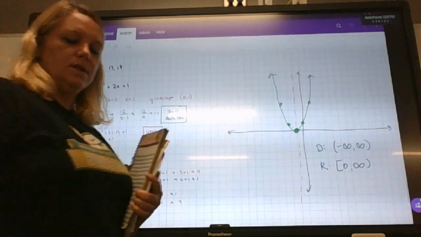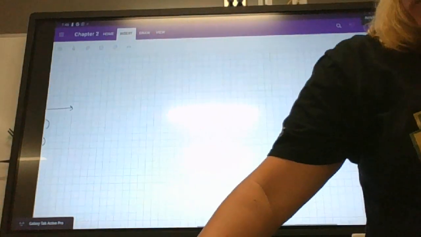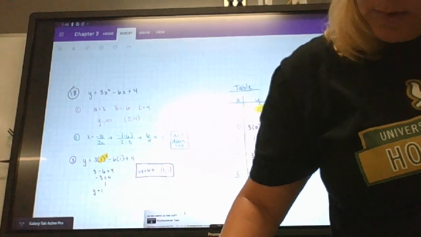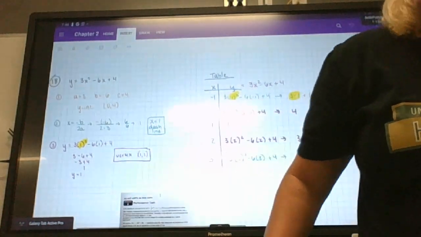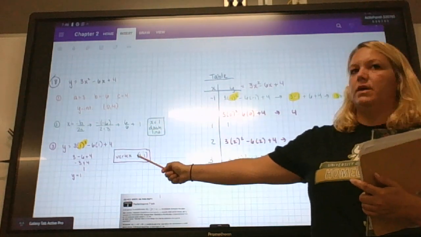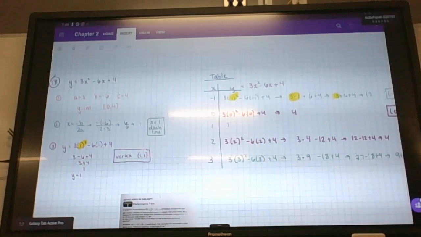Okay, let's look at 18, the even problem. Here's 18. You can't quite see the picture yet, but you should have got x equals 1, plug in your vertex, and this should be your table.